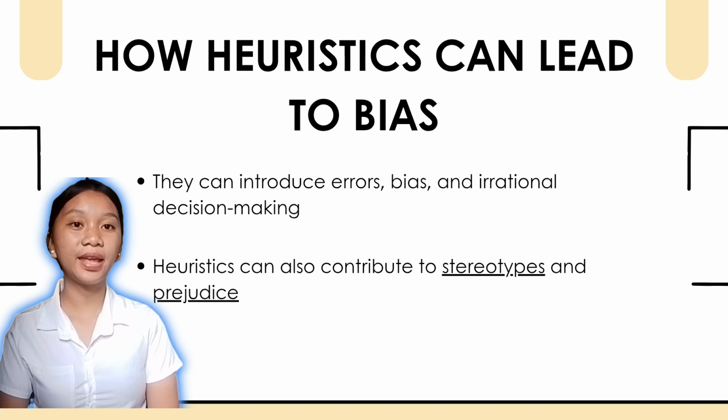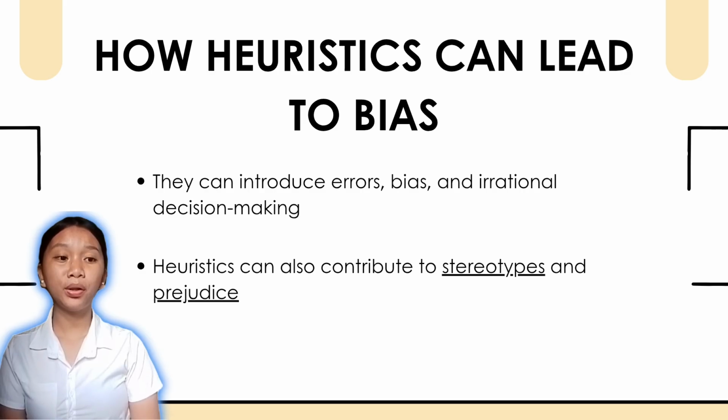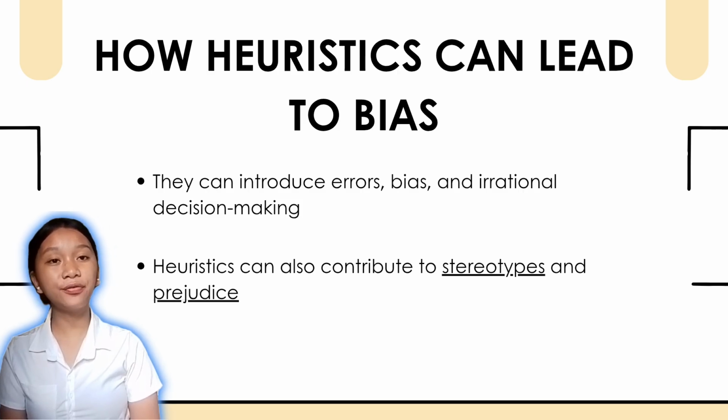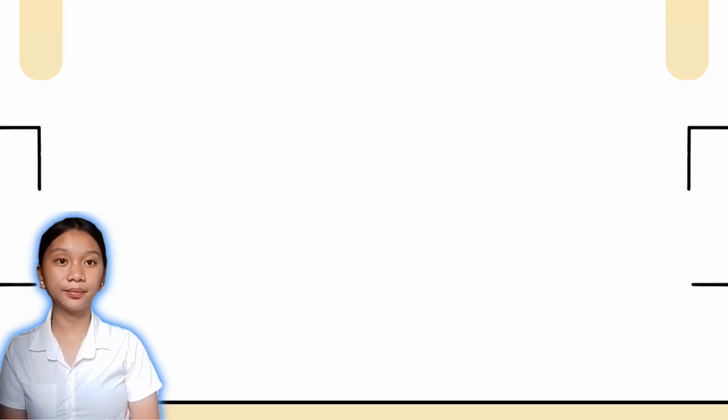Just because something has worked in the past does not mean that it will work again. And relying on a heuristic can make it difficult to see alternative solutions or come up with new ideas. Heuristics can also contribute to stereotypes and prejudice. Because people use mental shortcuts to classify and categorize people, they often overlook more relevant information and create stereotyped categorizations that are not in tune with reality.